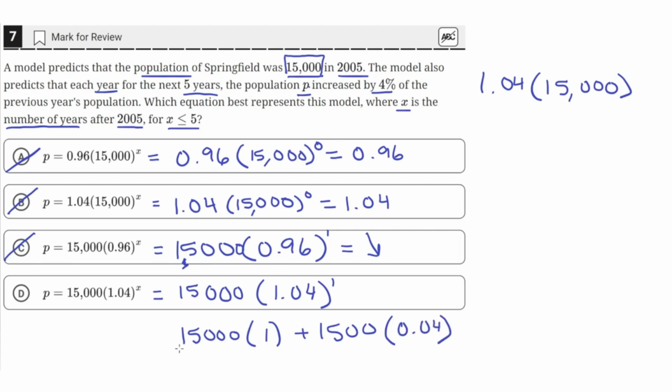The first term would be the original population from the previous year, and the second would be the population that's added after the first year, which is just 4% of 15,000. So the correct answer choice is D, because it's the only one that satisfies the requirements given in the question.